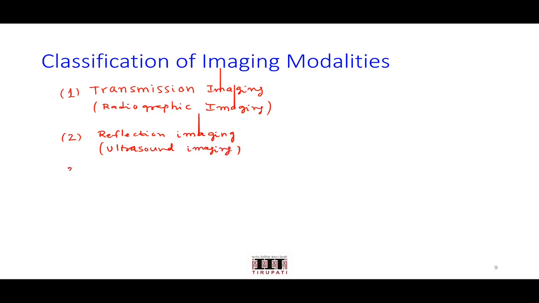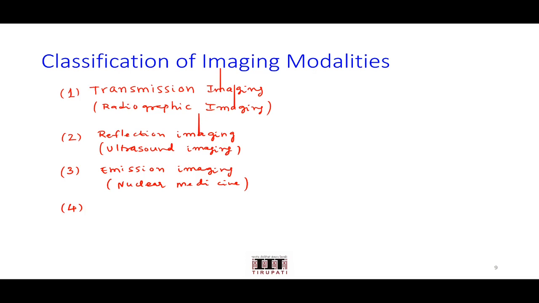Right? And we will also take a look at two other types of imaging as well. One is referred to as emission imaging. To be more specific, we would be looking at nuclear medicine. This is another category of imaging modality, or a group of imaging modalities for that matter.